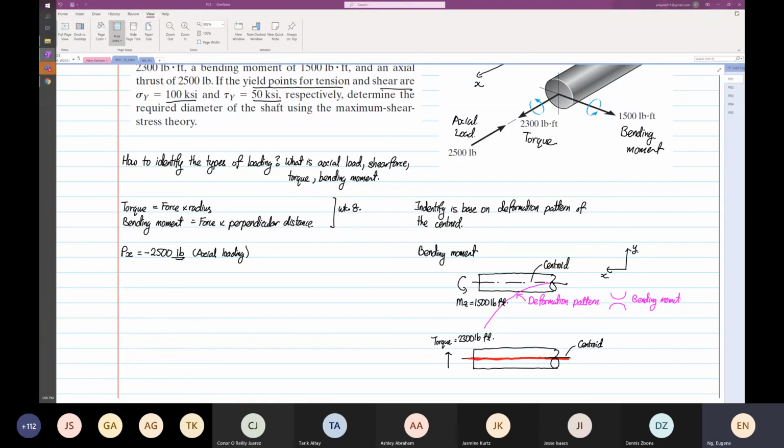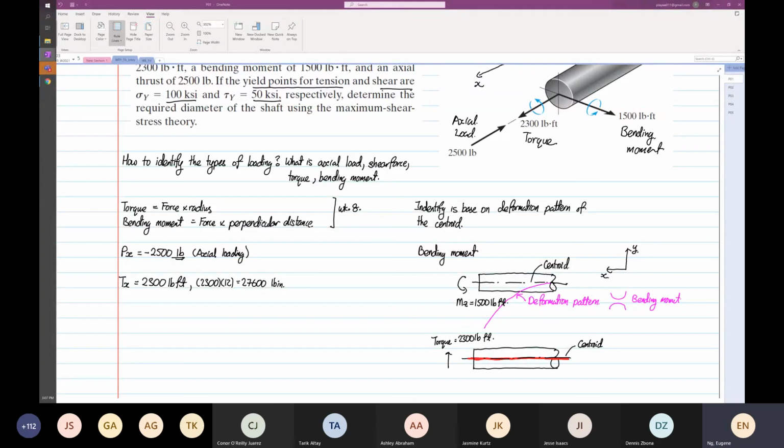So now you know that you have a torque in the x direction that's equal to 2,300 pound-feet. You have to transfer this to inches, so multiply by 12: 2,300 times 12 is equal to 27,600 pound inch.